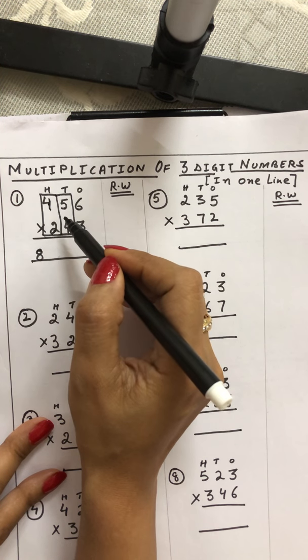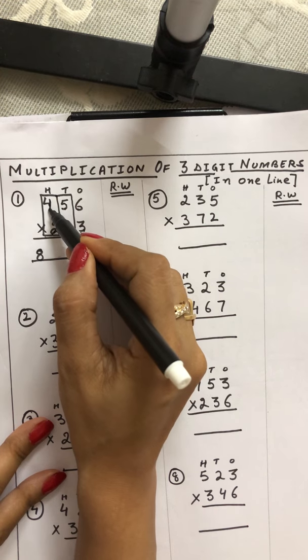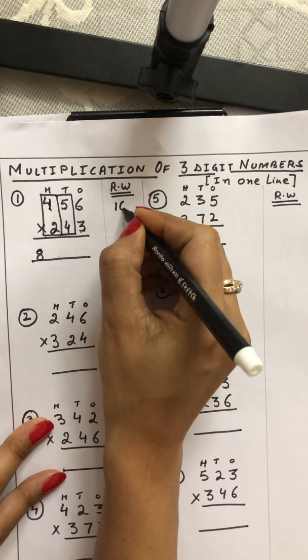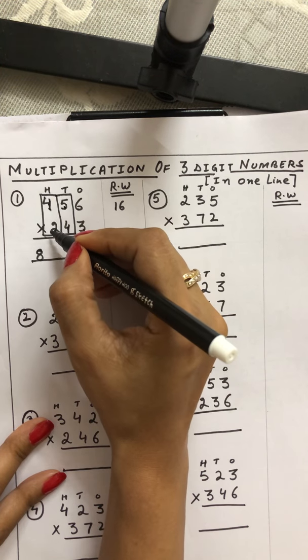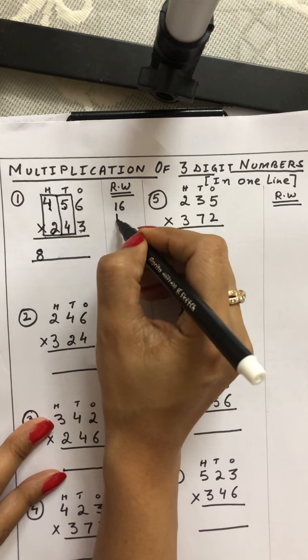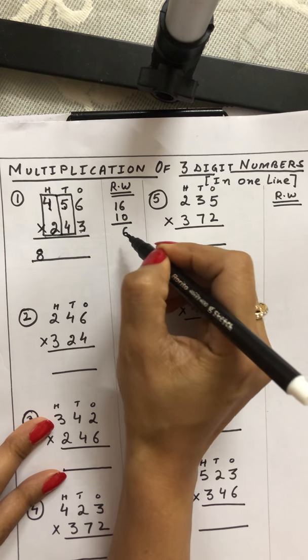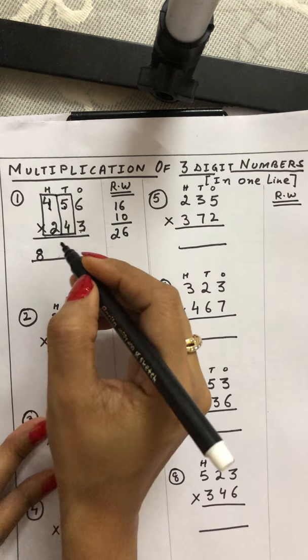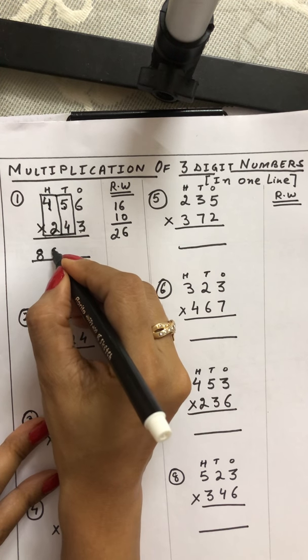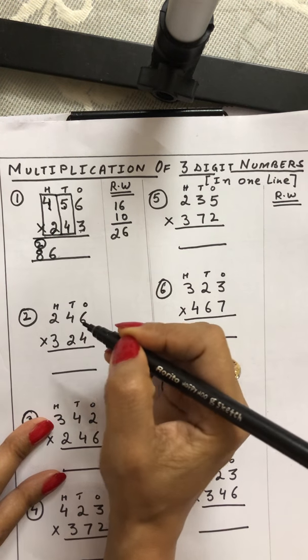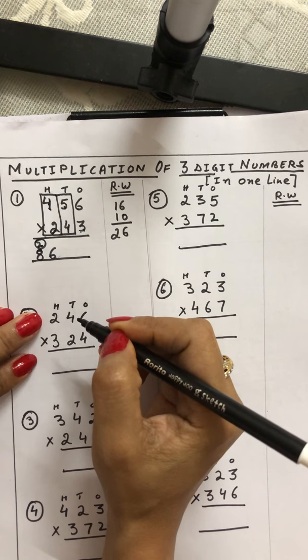That is cross multiplication, which means 4 I'll multiply with 4, which gives me 16, and 5 I multiply with 2, which gives me 10. So total is 26. In this 26, I write 6 here, and 2 is a carry over on the previous digit.